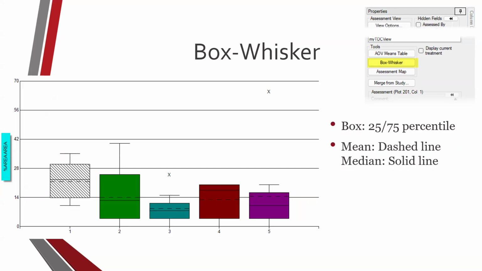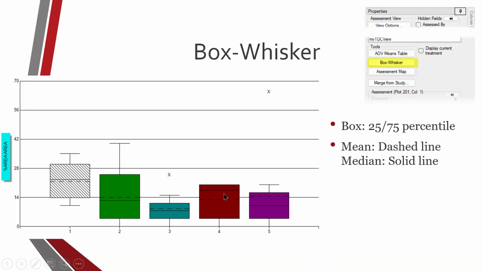The box is centered around your median, which is your 50th percentile. And then you can also display the mean as a dashed line. So if you want to get a sense of any skewness in the distribution of the treatment, you can compare those two lines.